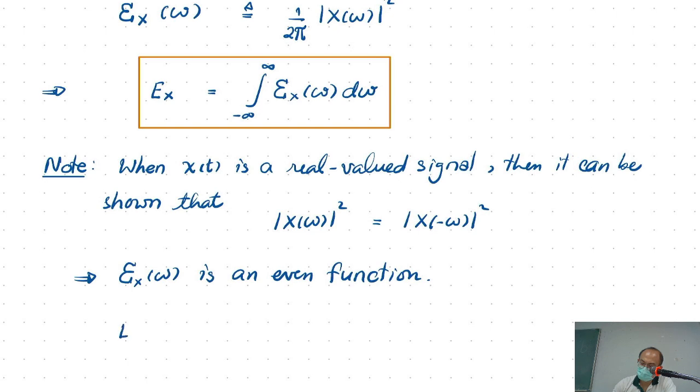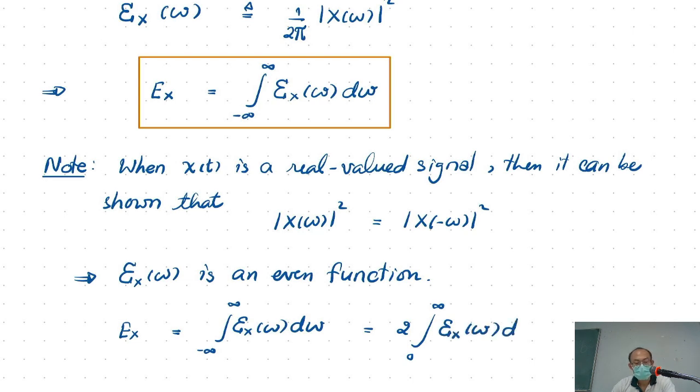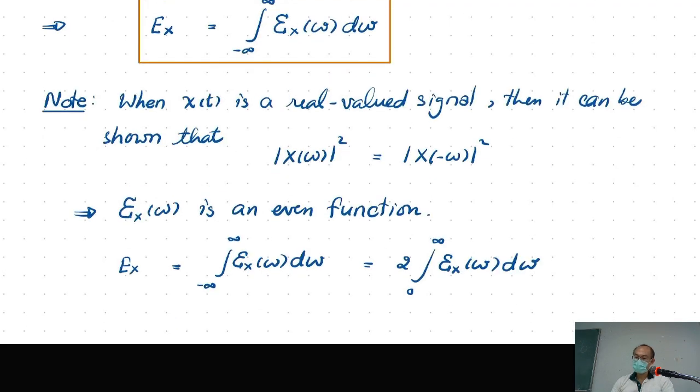So the energy of x, which is equal to integrating the energy spectral density over the entire frequency, could just be determined by integrating over the positive frequency only and multiplied by 2.